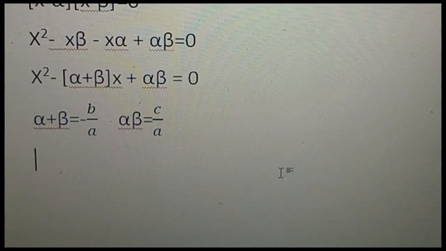You have to know them: alpha plus beta equals negative b over a, and alpha beta equals c over a. This is how to prove these two formulas, and they are very useful in solving the theory of quadratics.